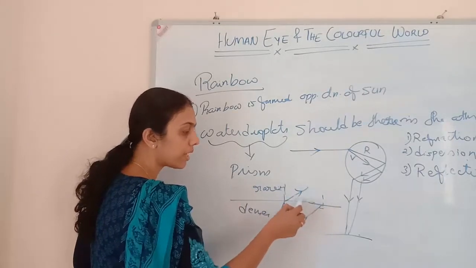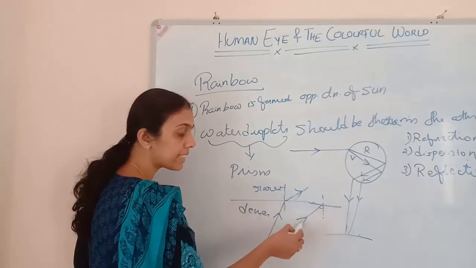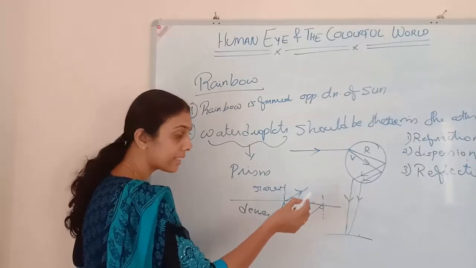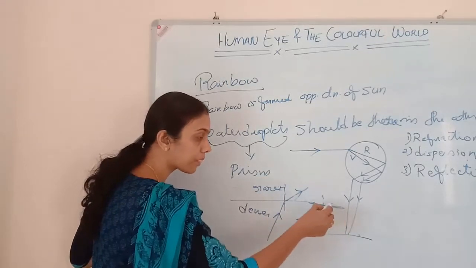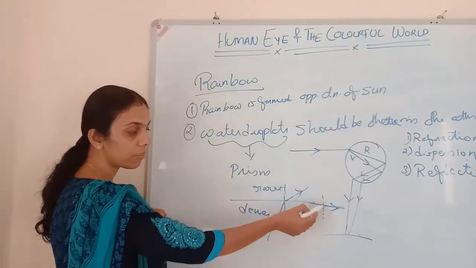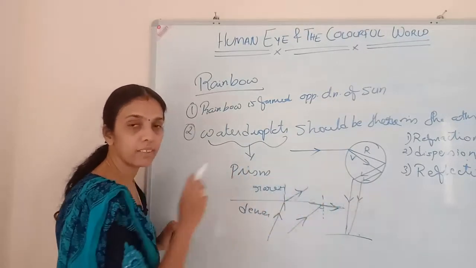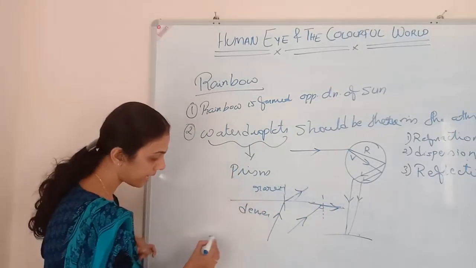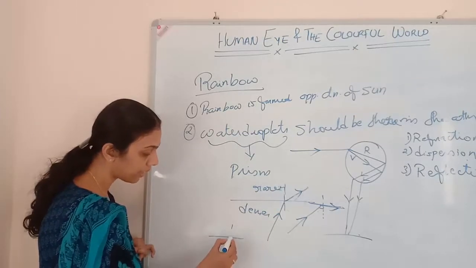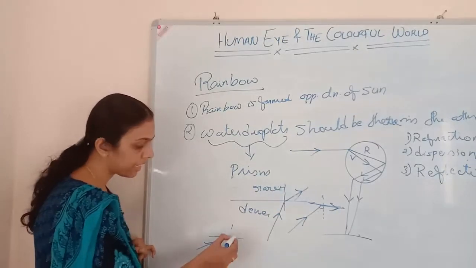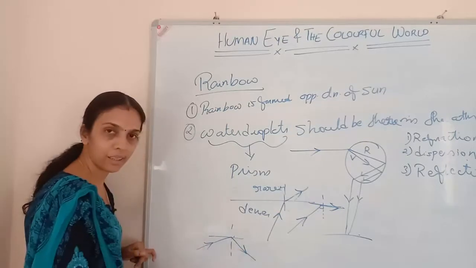If the light ray is incident at an angle greater than this, then at a particular angle it will refract along the surface of separation, and afterwards if we increase the incident angle, it will reflect back.